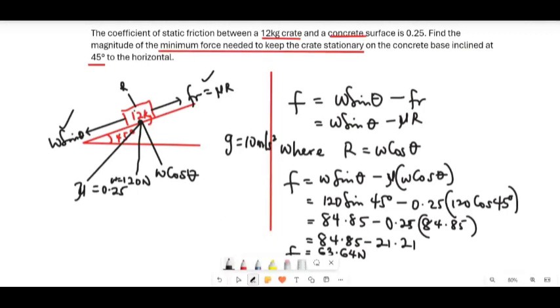That will be my force. So the force that will keep this crate here would be 63.64 newtons, and that is the solution to this question.